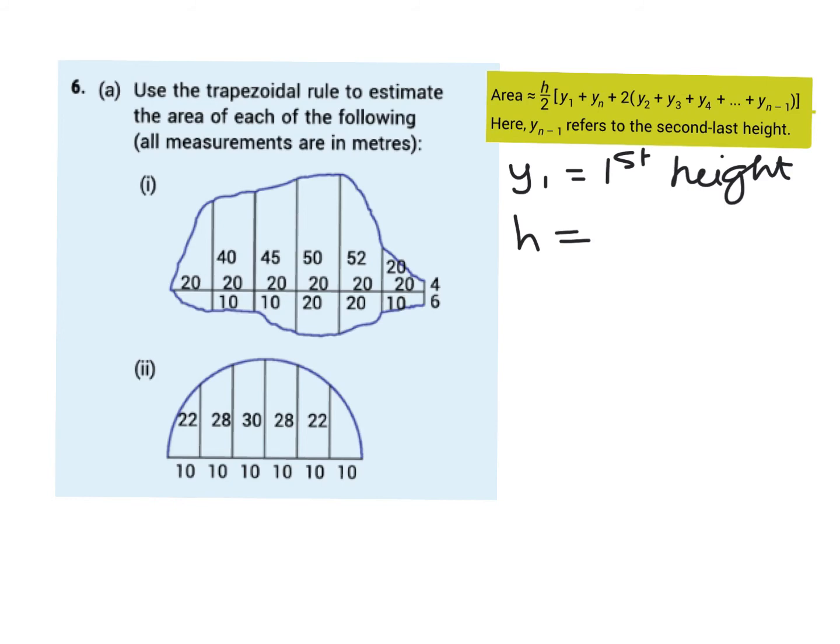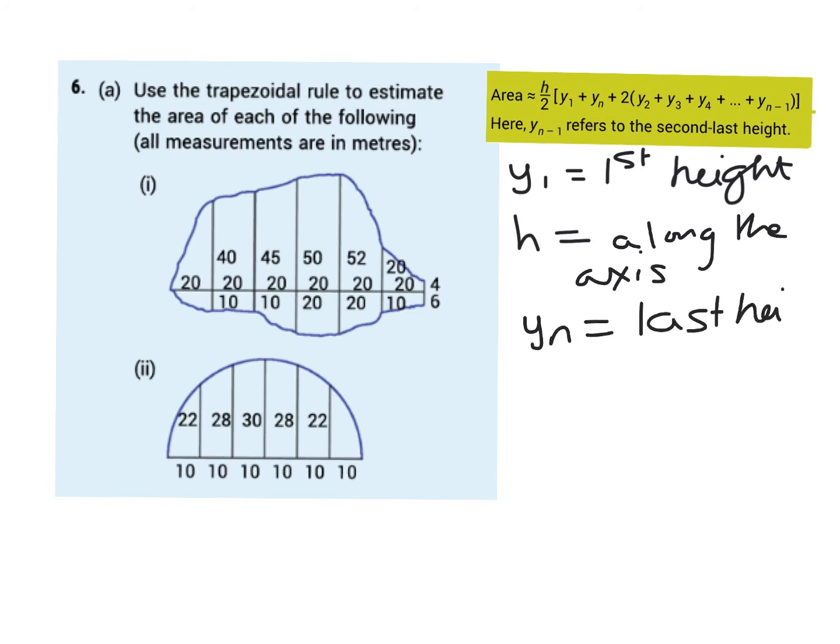So it's along the axis, if we can imagine that that's an axis. And then your yn refers to the last height, and n minus 1 is the second last height. So y n minus 1, second last.